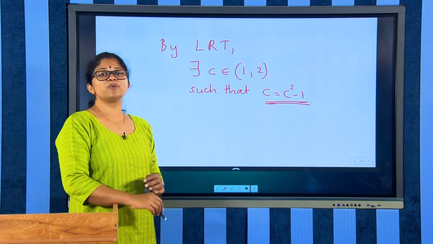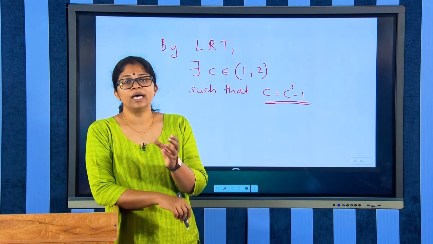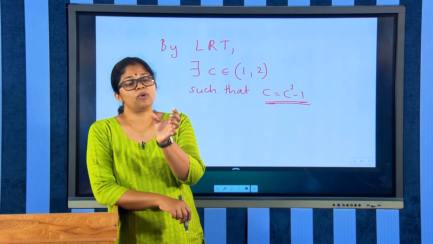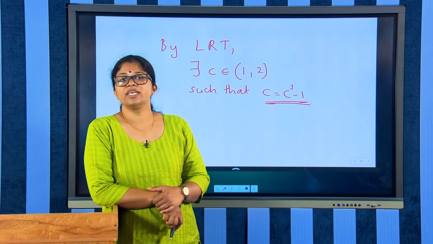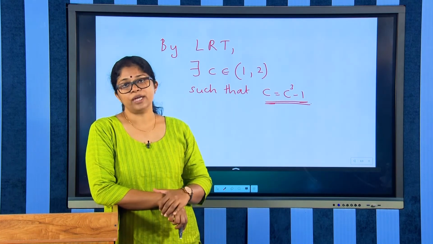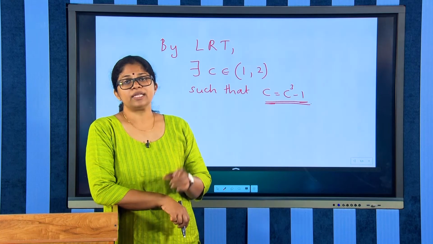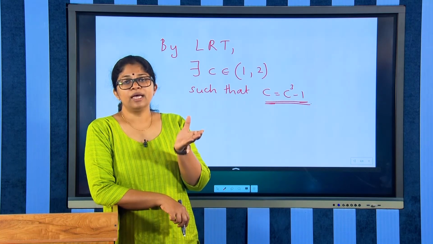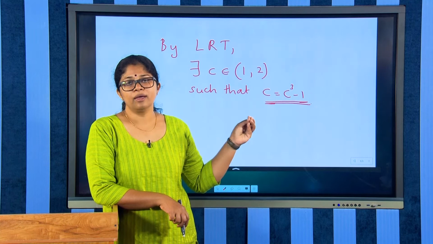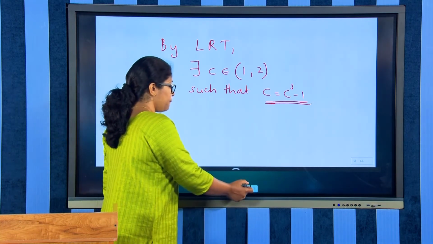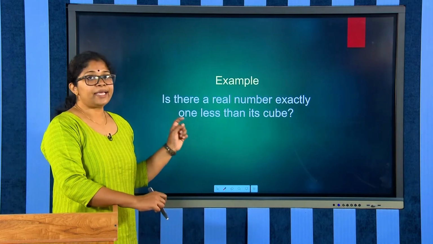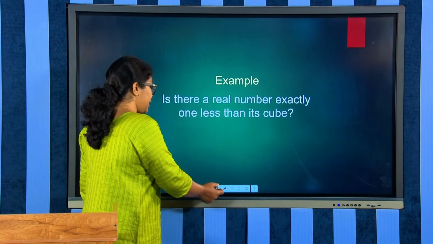The location of roots theorem only gives you the existence, or the position where the root lies. It won't give the exact value of the root, but it gives the interval in which we can possibly find a solution or root. So, this was one application of the location of roots theorem.